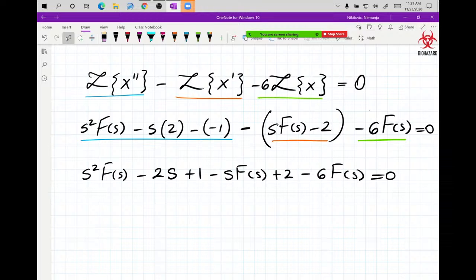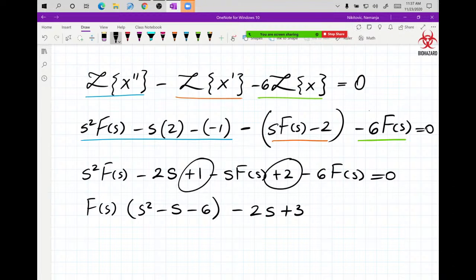So collect the entire F(s) deal. When I factor F(s), the leftovers are s squared minus s minus 6, and the rest is minus 2s plus 3. The 1 plus 2 gives you a 3.